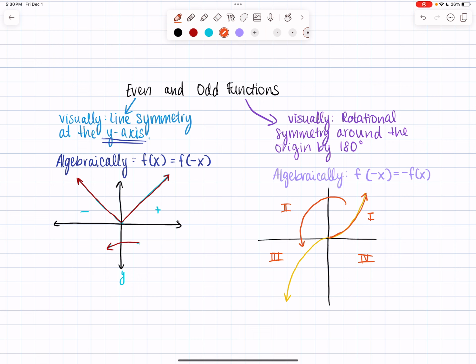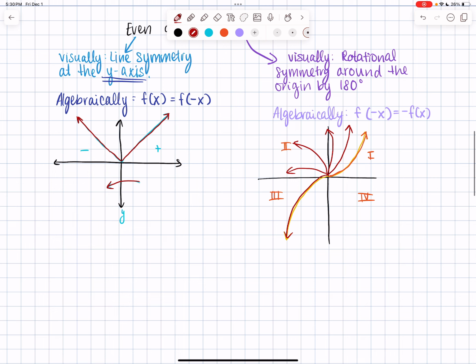So we can look at what that would look like. We would have something like this, something like this, until we get to this point. So that's basically what even and odd functions are.